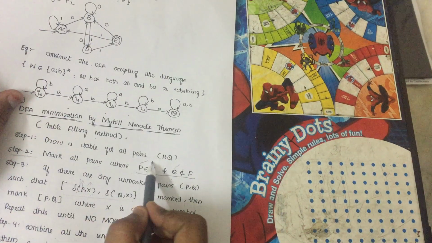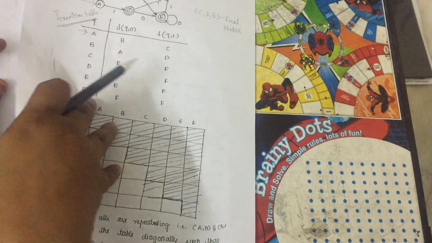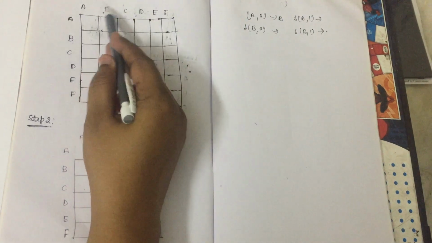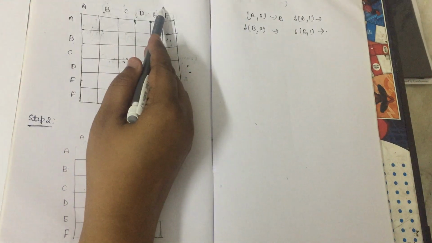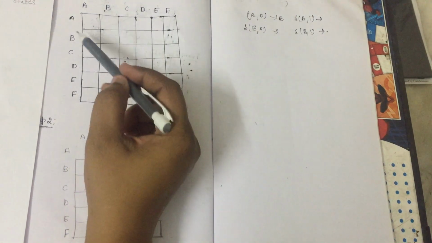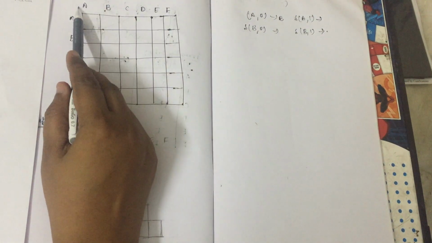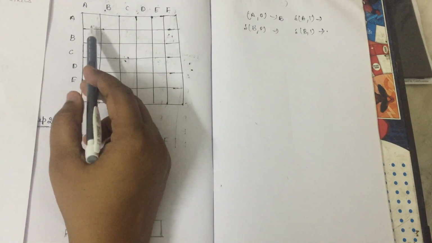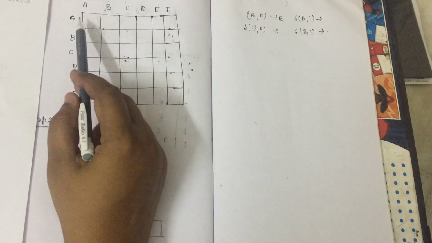In step 1, draw a table for all the pairs P, Q. For all the pairs, we need to consider all the states given in the diagram. We need to draw the table in this manner. A, B, C, D, E, F are the states in the question given. We keep all the states horizontally and vertically and divide into cells.